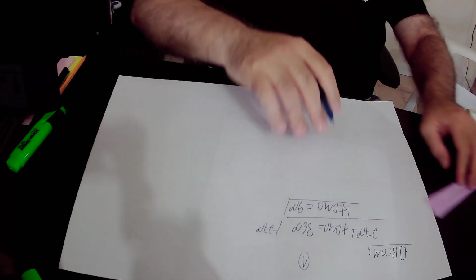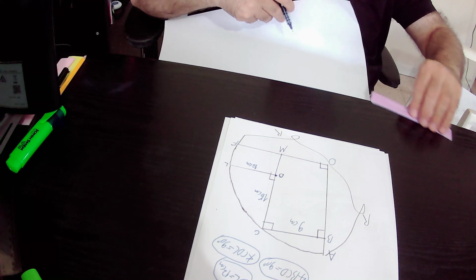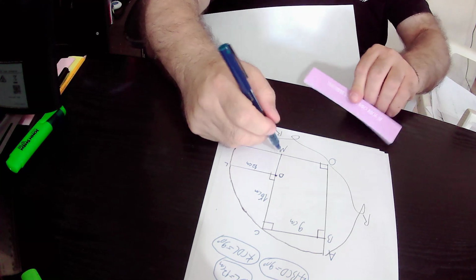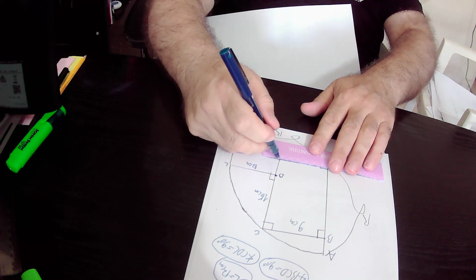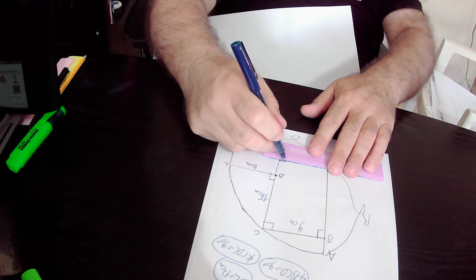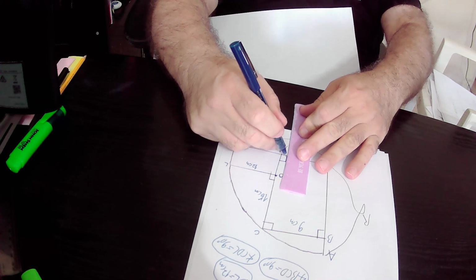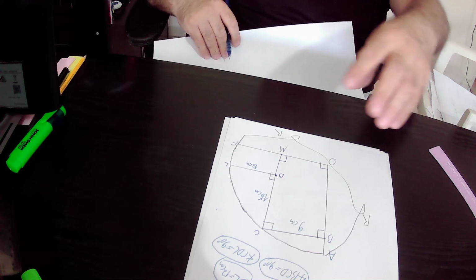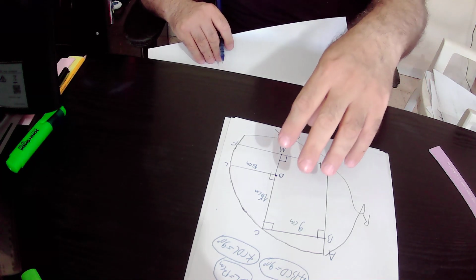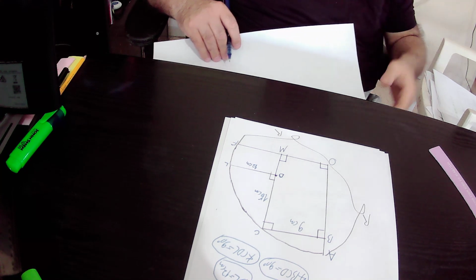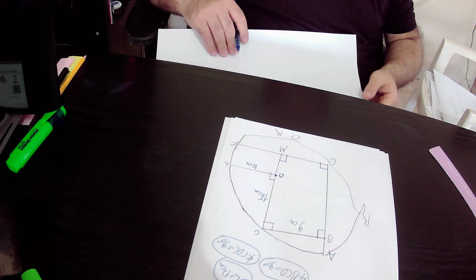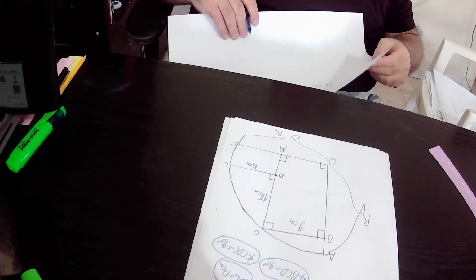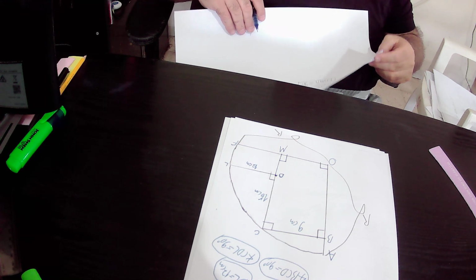So we actually found out that the missing angle is a right angle. This angle equals 90 degrees. So inside quadrilateral BCOM, we have 4 right angles. And any quadrilateral that has 4 right angles must be at least a rectangle, if not a square.